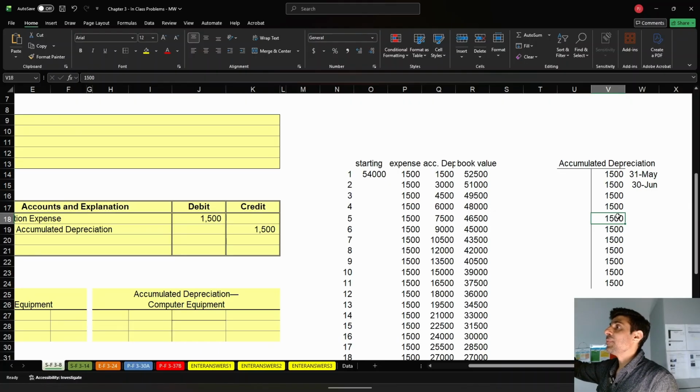It starts at 0 at the beginning of every month. Accumulated depreciation is like an asset account. There's a running balance every month. Okay, so you need to make sure you're absolutely clear about that. The expense account, depreciation expense, is just going to be 1,500 every month, but the accumulated depreciation grows every month.